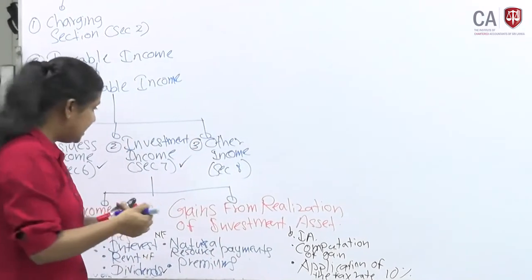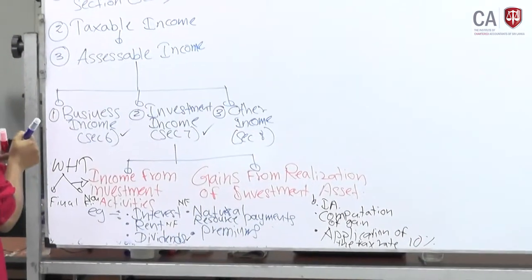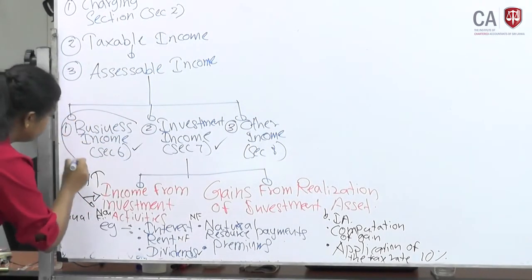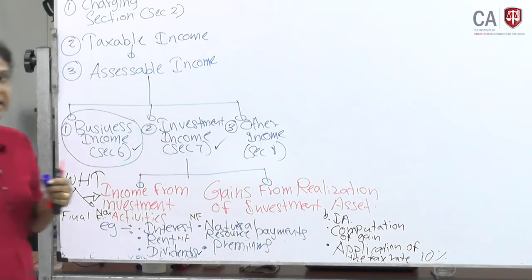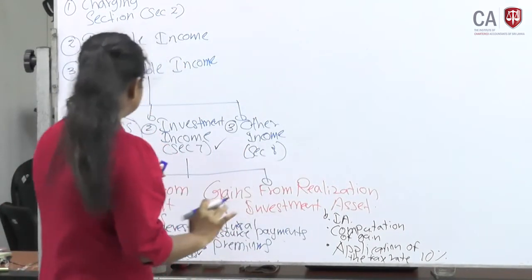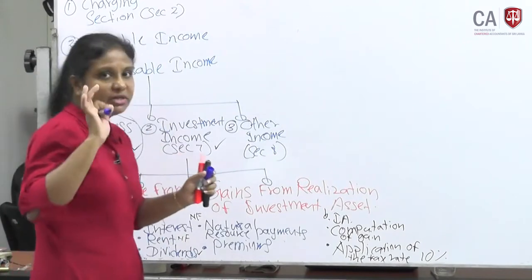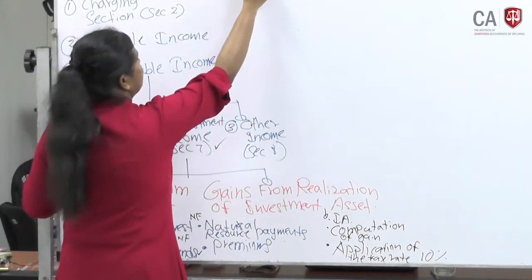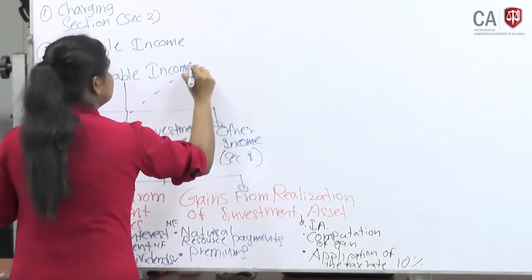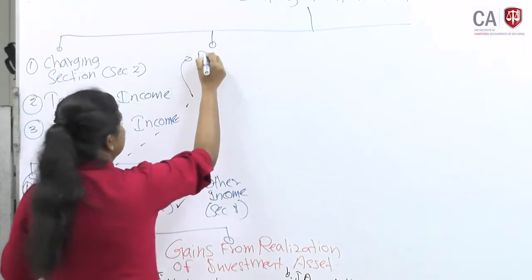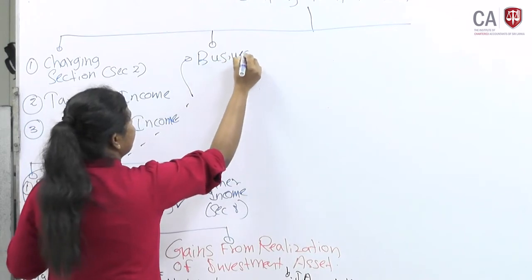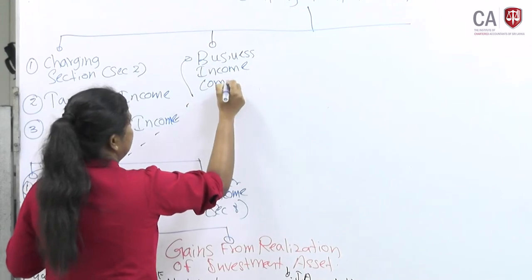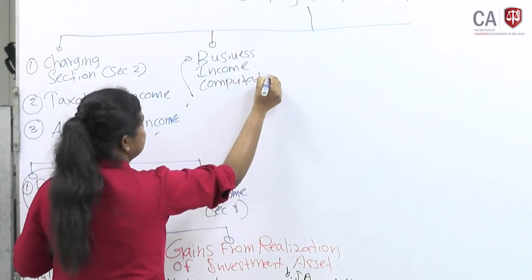Okay, then with this understanding, I am going again to the key area of company taxation, business income calculation. To compute business income, you should have this knowledge. I am taking this as the computation of business income.